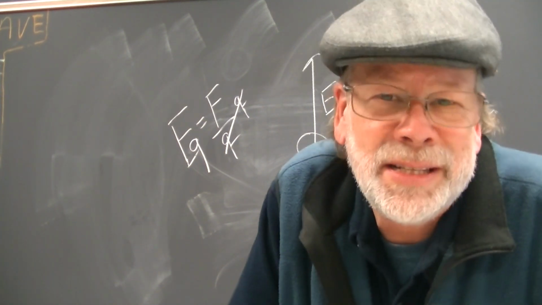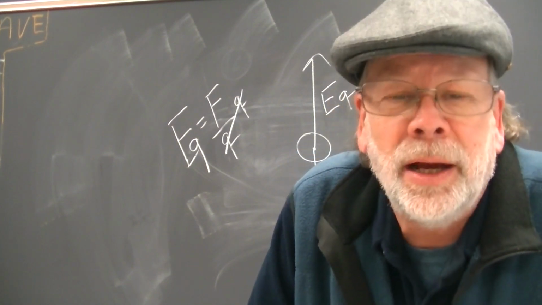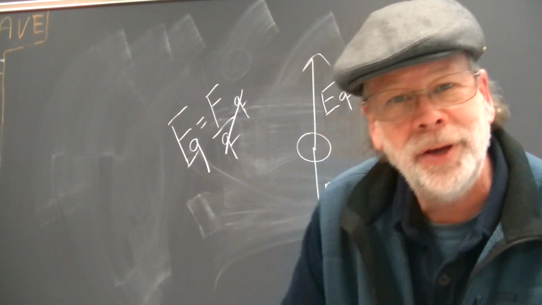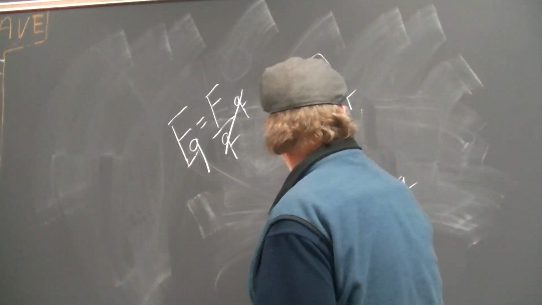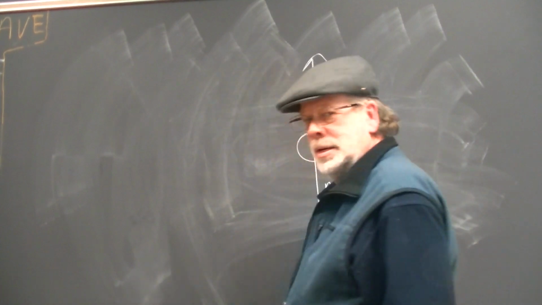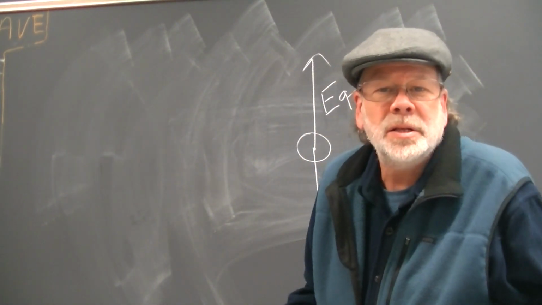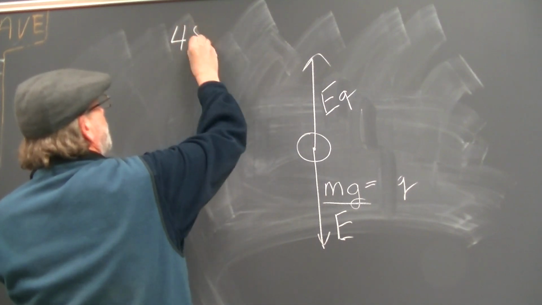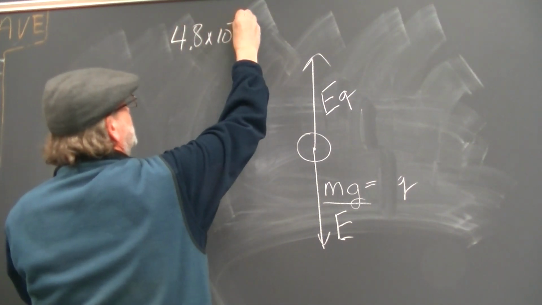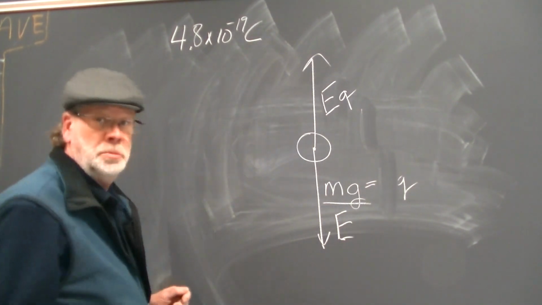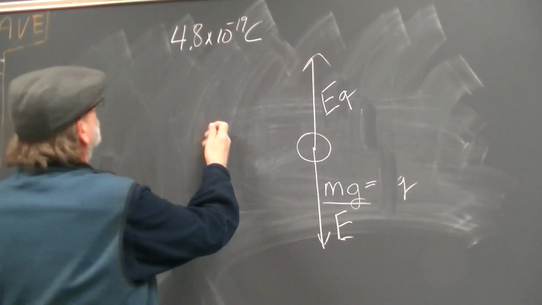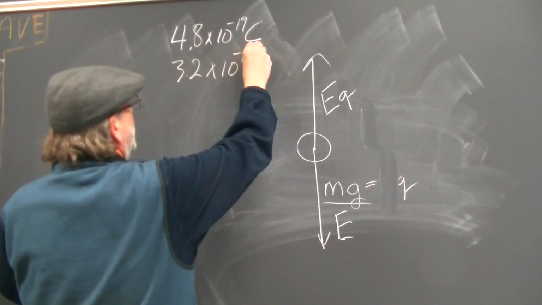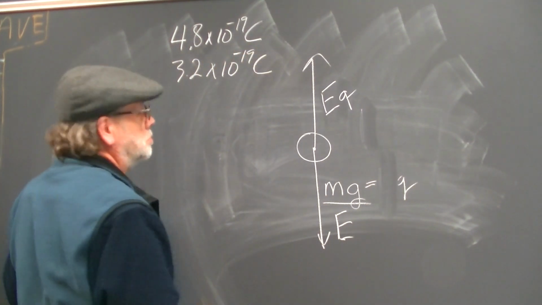Let me show you a sampling of the results that were attained with this. See if you can figure it out. This is just some of the results that would have been obtained. 4.8 times 10 to the minus 19th coulombs. 3.2 times 10 to the minus 19th coulombs.